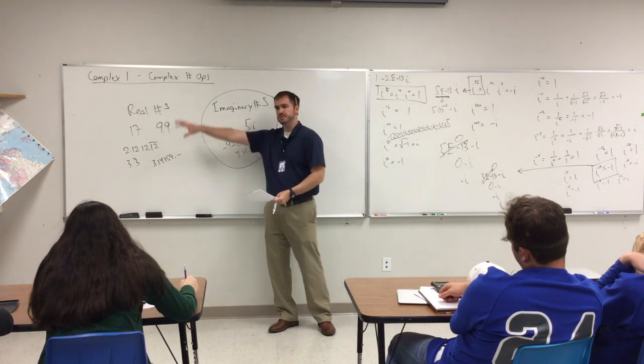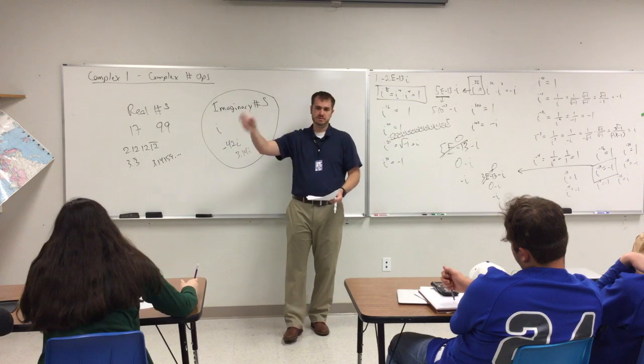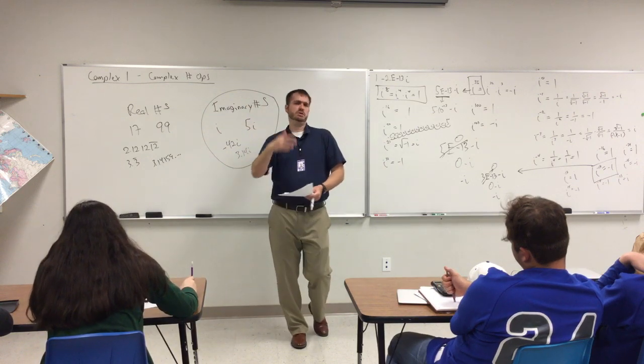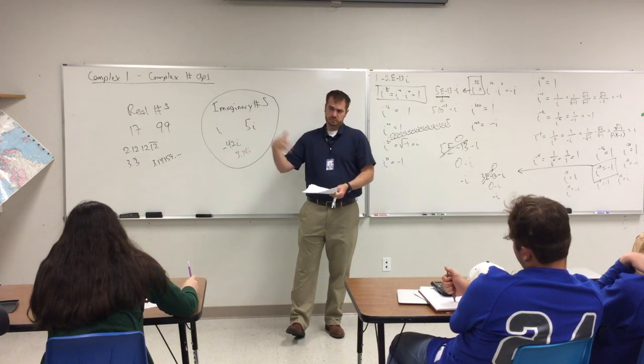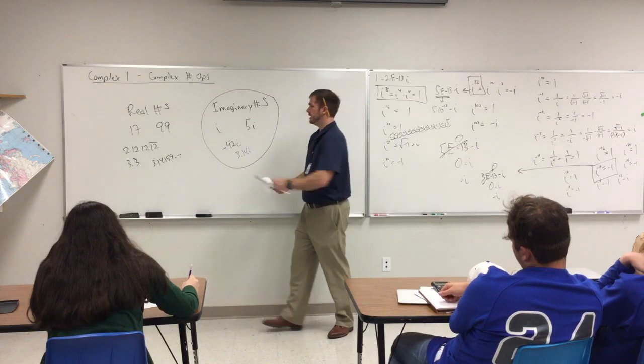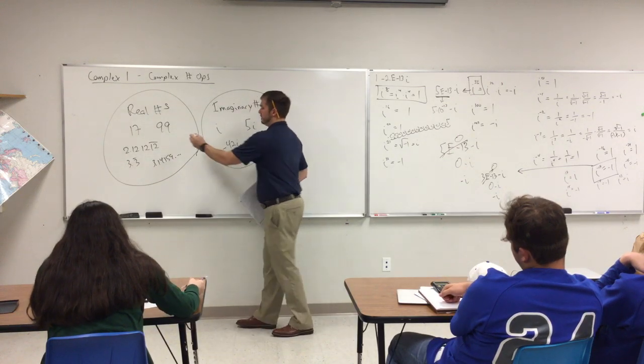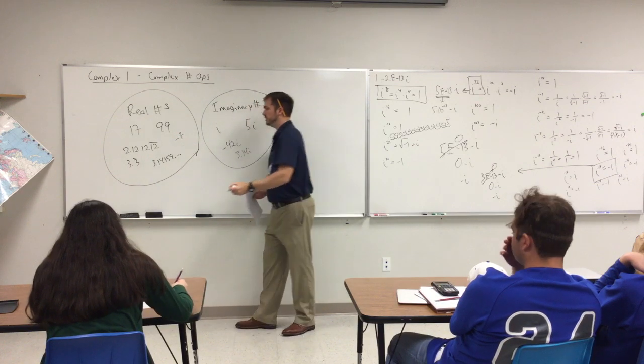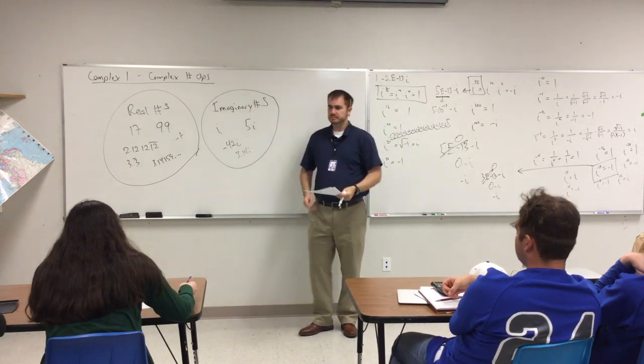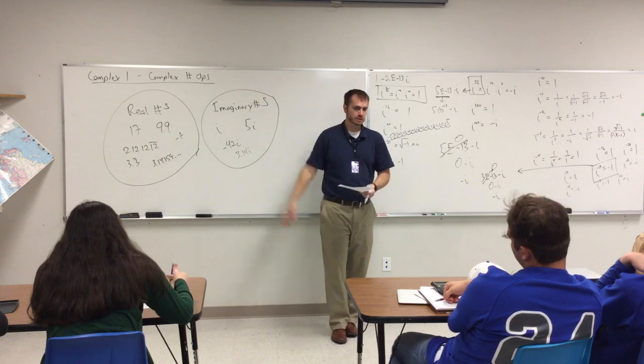There are different groups within the real numbers that I know in your previous math classes you talked about, like whole numbers and natural numbers and integers and rational and irrational and so on. But that is what we call real numbers, and negative 7 is also a real number.